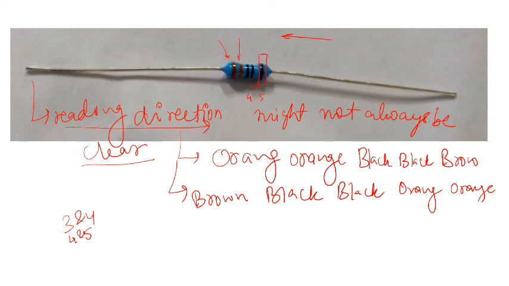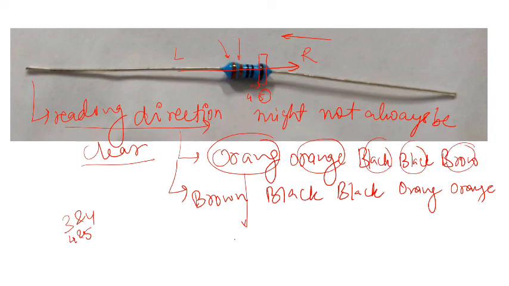The band which is a little bit far away is always the tolerance band. So you can now see that the direction of reading would be left to right, which would be orange, orange, black, black, and brown.